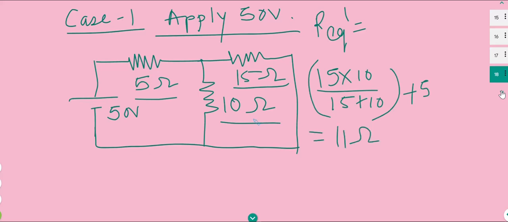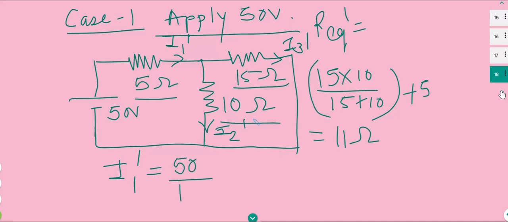Now you want to find currents. This is I1 dash, this is I2 dash, and this is I3 dash. You finally want the current through 10 ohm, so your target is to find the current through 10 ohm. For that you want the total current also. So I1 dash is equal to total voltage, that is 50, divided by total resistance, that is 11. So the total current I1 dash is 50 divided by 11 ampere. Now you want I2 dash.